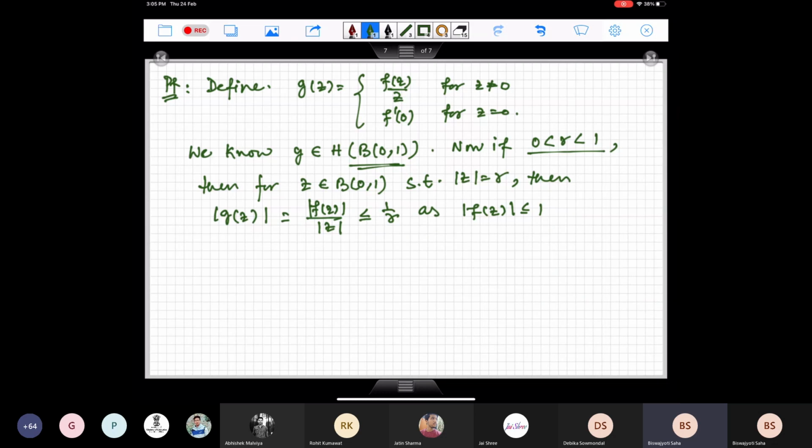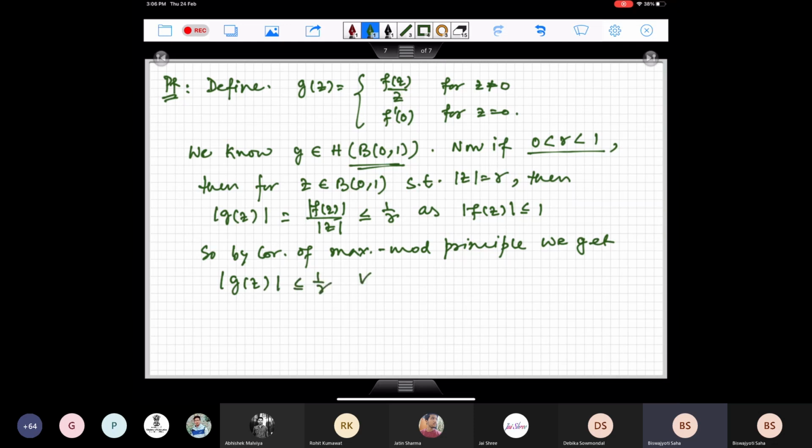So that means, for example, if I take the whole ball, by the corollary of the maximum modulus principle, we get mod of g of z is less than or equal to 1 over r for all z in the closed ball B(0,r).